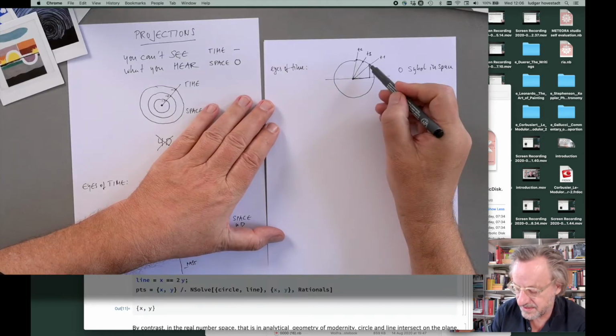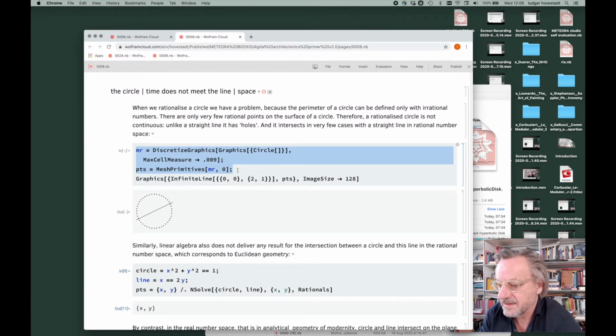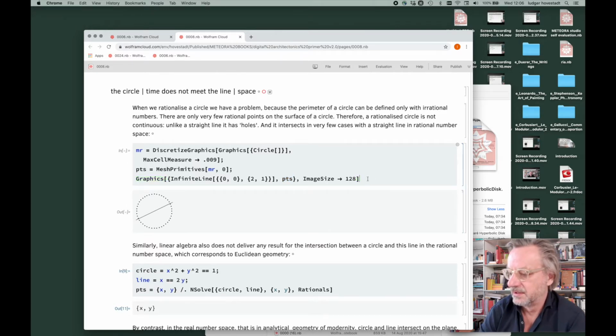These are the points we can see. So they're discrete points. And this is the graphic. We make an infinite line, 00 to 21. It's here. We render the points as well as graphics and make that to a certain size to get this graphic. Do that. We have this graphic.